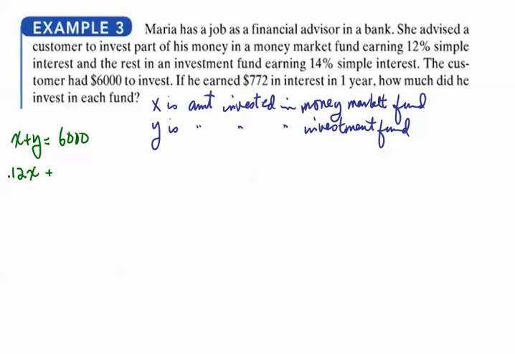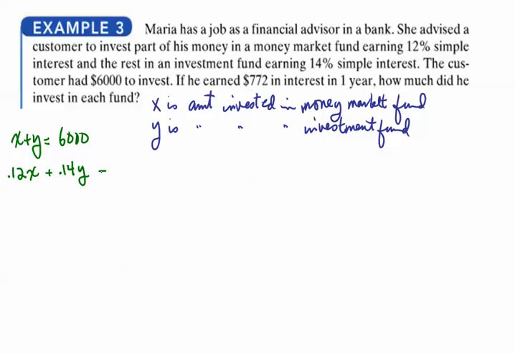Then, if we were to multiply the amount that she invested in the investment fund by 0.14, we would get the amount of interest that she earned from that part of her investment.